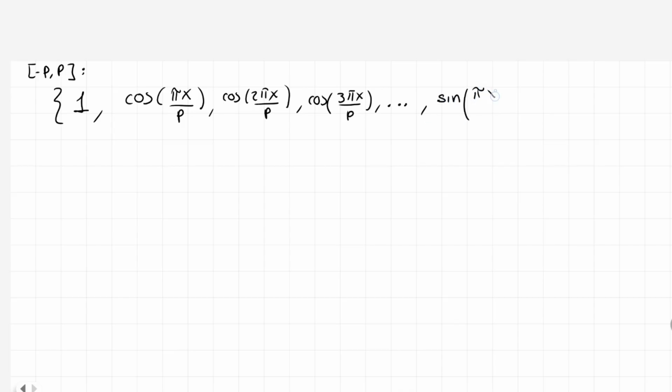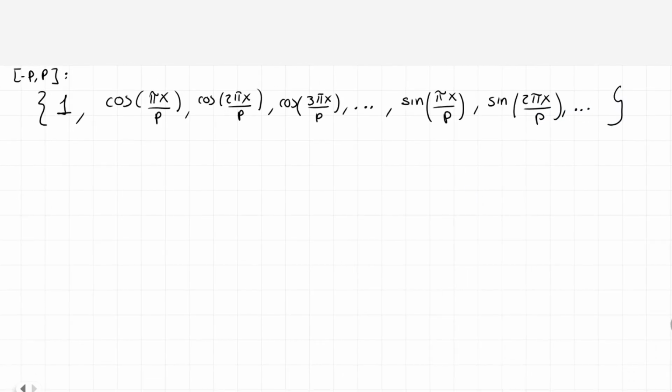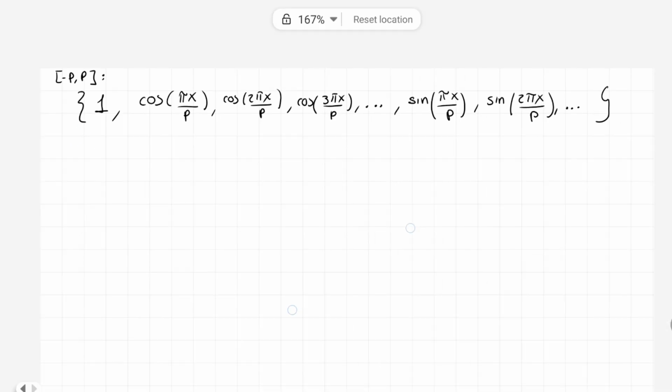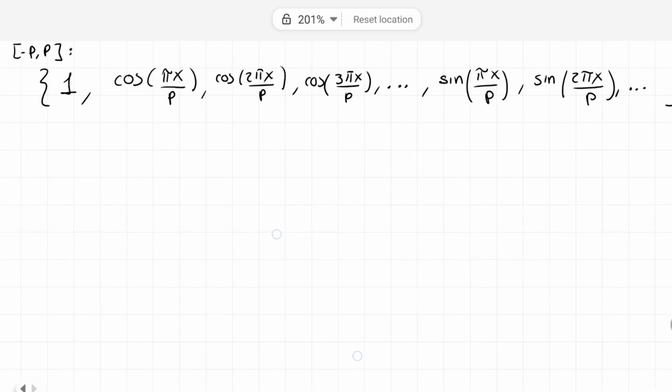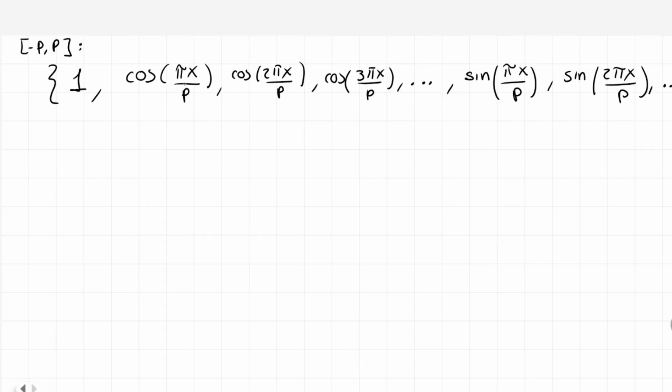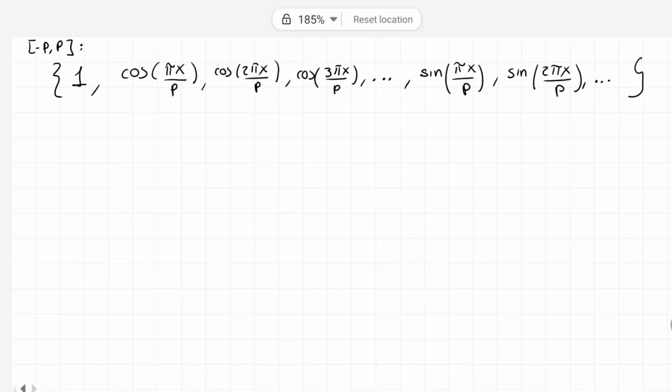The first term is sine of pi x over p, the next one is sine of 2 pi x over p, and so on. So we have an infinite orthonormal set made of cosines and sines, and a constant, which is represented just by the number 1, where the arguments of the cosine and the sine are just a multiple of the quantity pi x over p. This is the set that will allow us to construct the Fourier series.